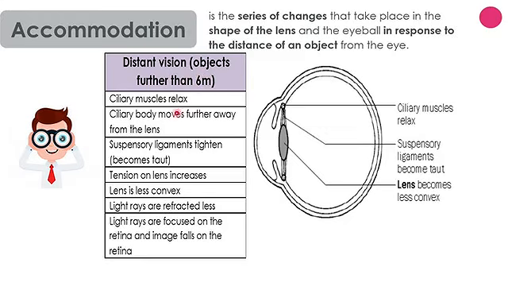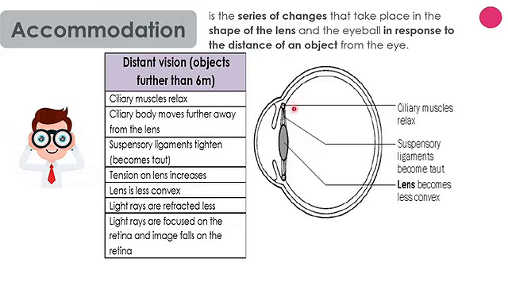First of all, my ciliary muscle, which is this area here, will relax. That means that the ciliary body moves further away from the lens.